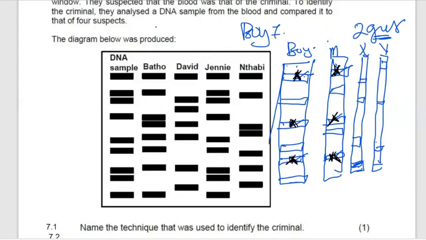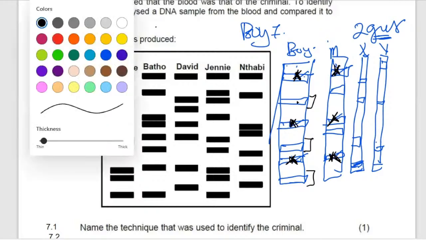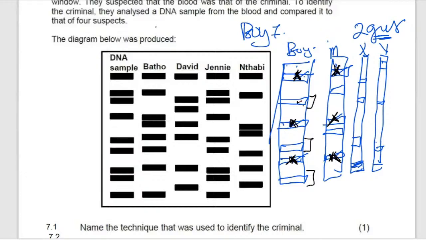So the remaining bars, this and this, must correspond with one of the guys. If there is one bar which is not corresponding, then that's not the father. Is it clear? Now I come here and look for this. What does this one correspond with? If there is no one corresponding with it, then it's out.